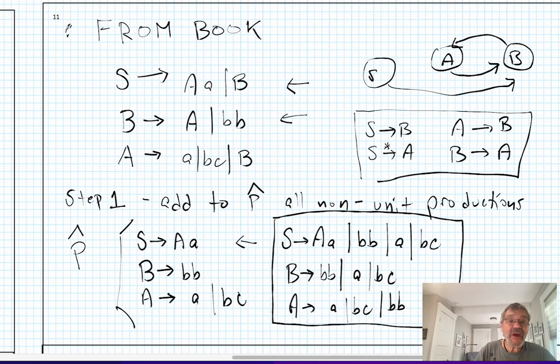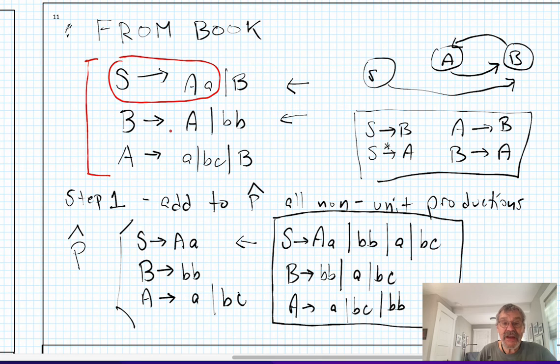I'm going to change the color of my pen. We started here, and we added to P hat just the productions that weren't unit. So that's not a unit production. B equals A is a unit production, but B with BB isn't a unit production. And then A with A and BC isn't a unit production. So here are our non-unit productions in P hat.